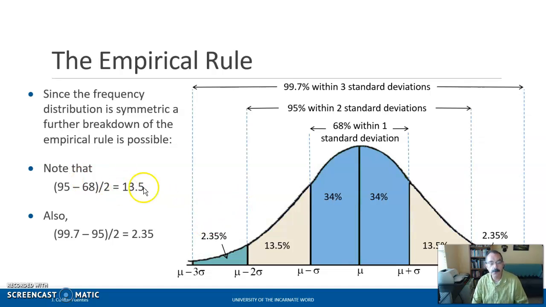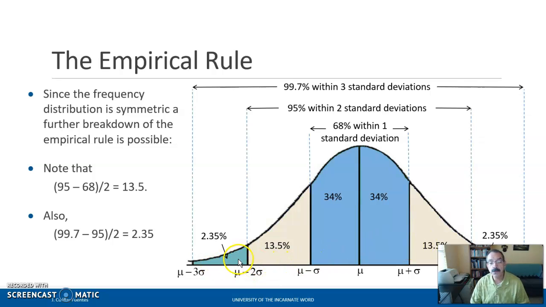So from this quantity, you can determine that the percentage of data that falls between 1 standard deviation below the mean and 2 standard deviations below the mean is 13.5%. Similarly, you can find that the percentage of observations between 1 standard deviation above the mean and 2 standard deviations above the mean is 13.5%.